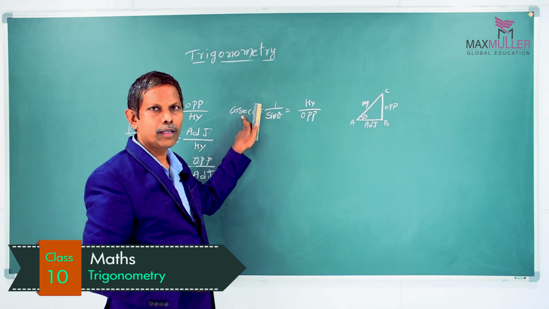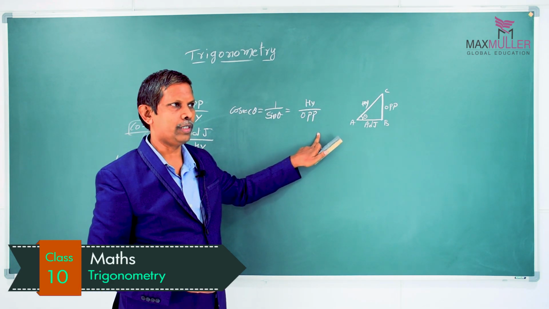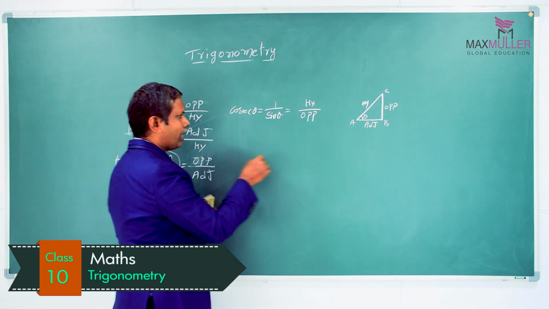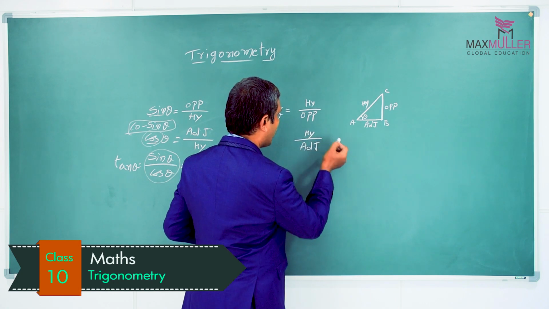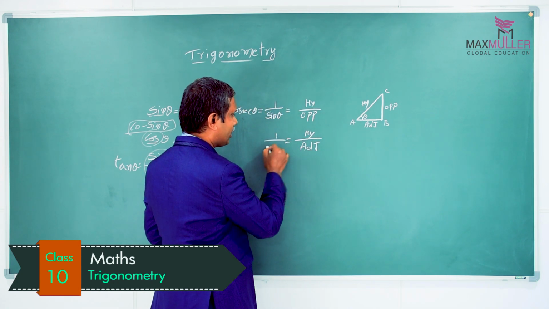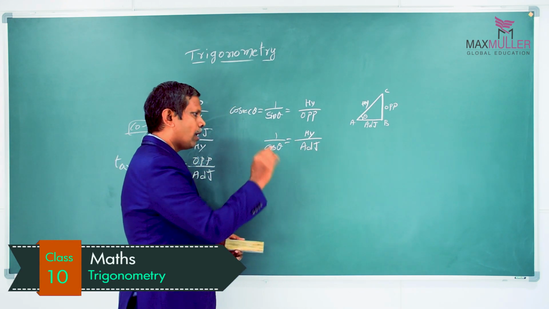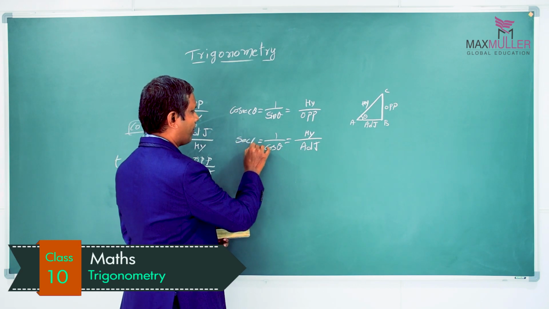1 by sin, that is cosecant theta, hypotenuse by opposite. Again, adjacent by hypotenuse, its reciprocal is hypotenuse by adjacent, named as 1 by cos theta, the reciprocal of cos. This is also named as secant theta.